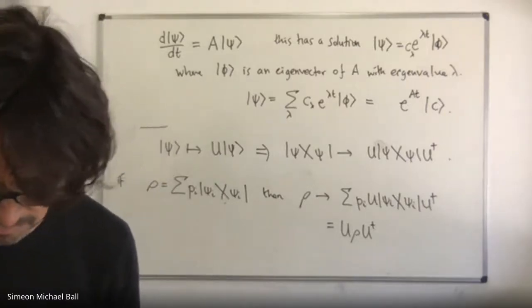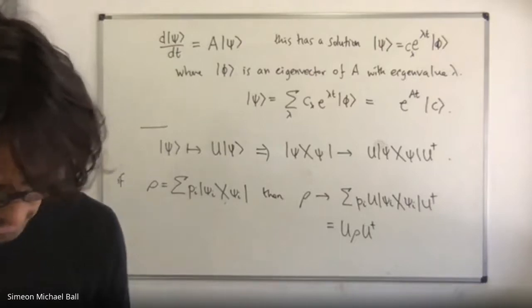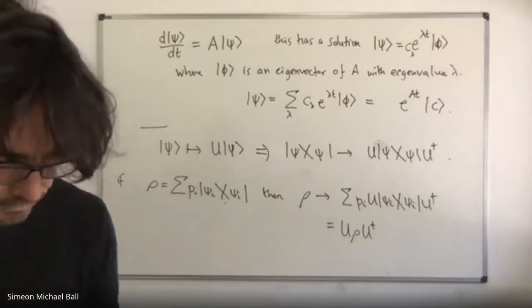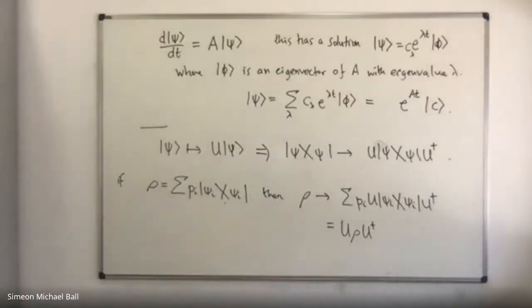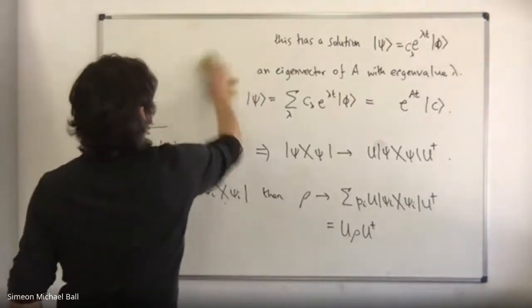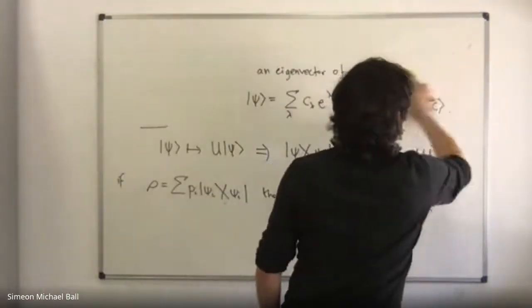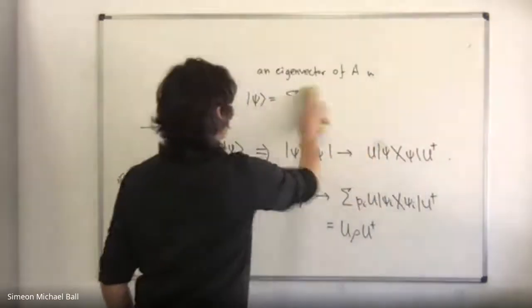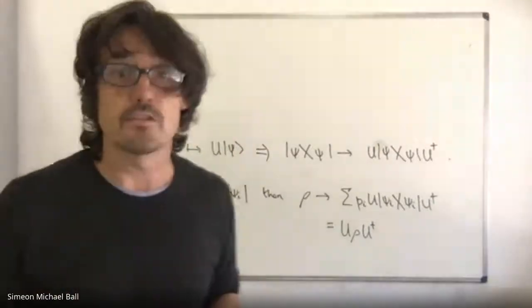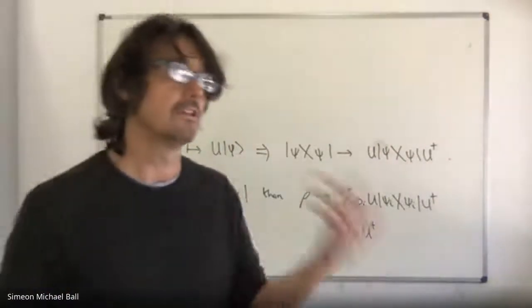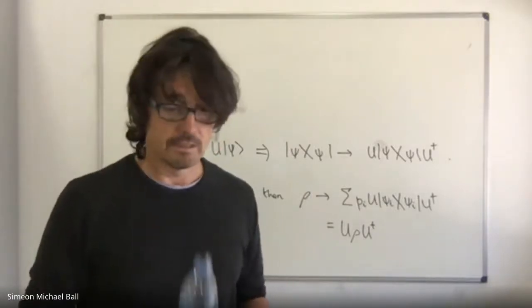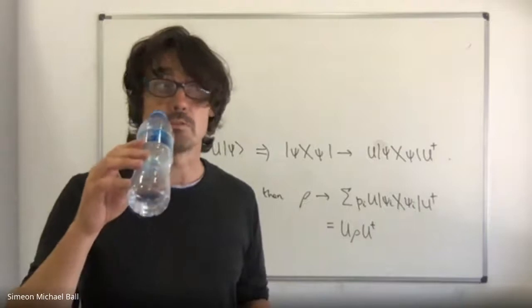Still got time to get on to measurements. Up till now, I didn't have to go into Schrodinger's equation. I could have left it that we'd already seen the state changes by a unitary transformation, because unit vectors have to go to unit vectors because of the probabilities.